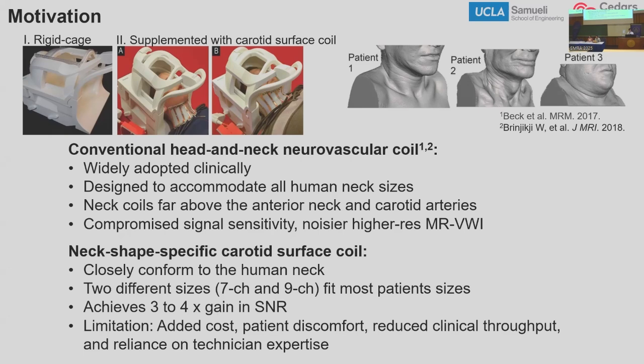In this case, we use a so-called neck-shaped specific coil. It can conform to the neck very nicely because it comes in different sizes, and it achieves 3 to 4 times SNR gain. However, the limitation is obviously the added cost of the coil, potentially some patient discomfort, and reduced clinical throughput. The technologists don't really like it, and there is also a reliance on expertise.